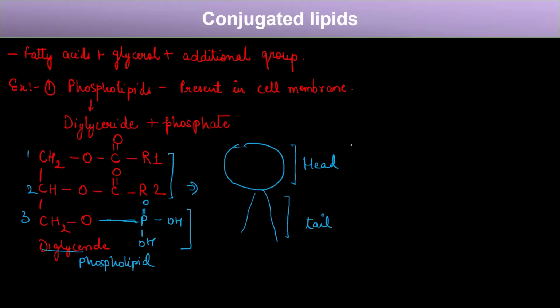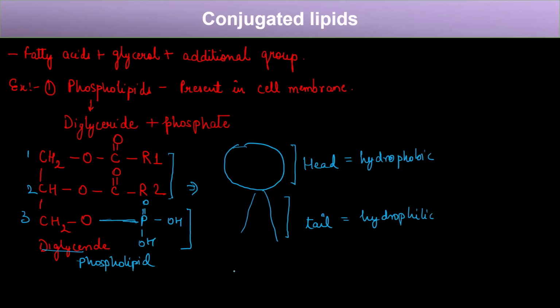The head was hydrophilic, while the tail was hydrophobic. So the tail was located inside the cell membrane, while the head was located outside. This is how the phospholipid structure looks.